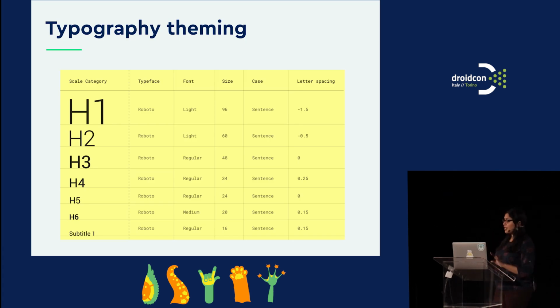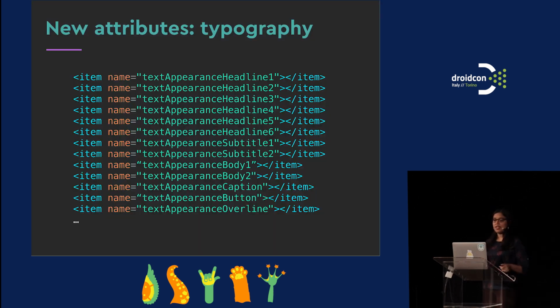And now we're on our final theming subsystem, which is typography theming. If you open the material design guidelines, you will see something like this. It has around 12 type scales that are defined. And now they exist as theme attributes.